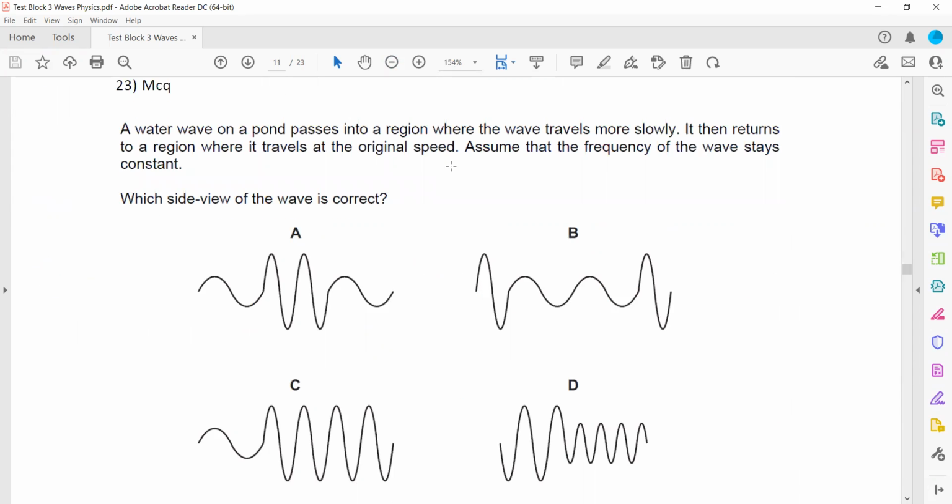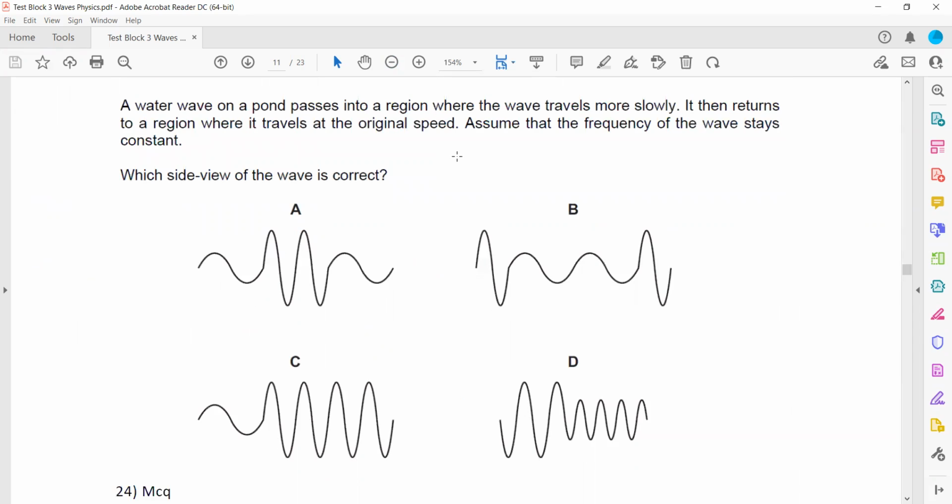A water wave on a pond passes through a region where it travels more slowly. Then it returns to a region with the original speed. For example, if we have a water tank, first we have a deep region.